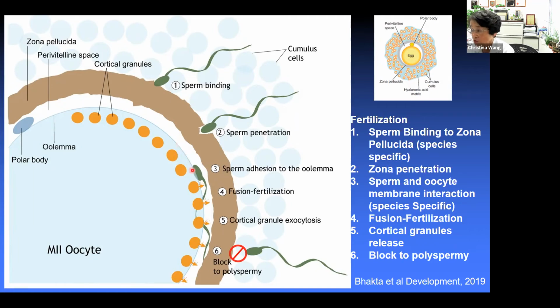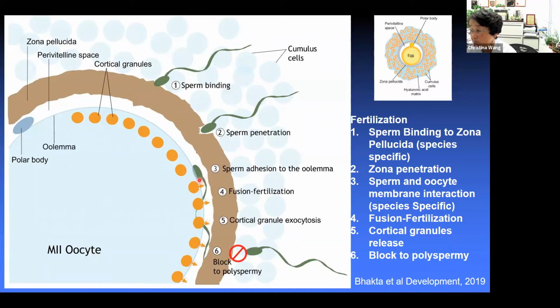The binding of the sperm to the oocyte, the interaction between the plasma membrane of the sperm and the oocyte, is also species specific. Once it binds to the big egg, it fuses. The fusion of the sperm and the egg is fertilization. From then it forms a zygote and then an embryo.